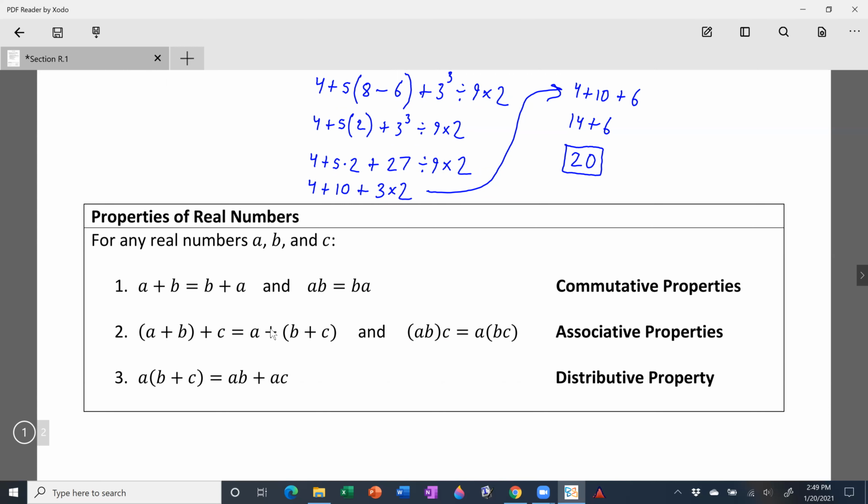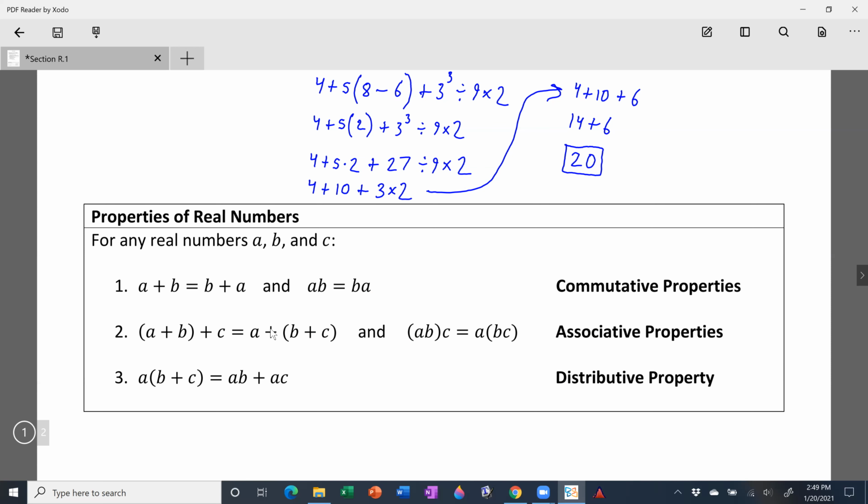So for number 1 here, A plus B equals B plus A, or A times B equals B times A, that's the commutative property. And that just means that with addition and multiplication, the order doesn't matter. You can add in either order, and you can multiply in either order. Okay, so I'll ask the philosophical question, does that still apply for subtraction? Okay, think about that one.